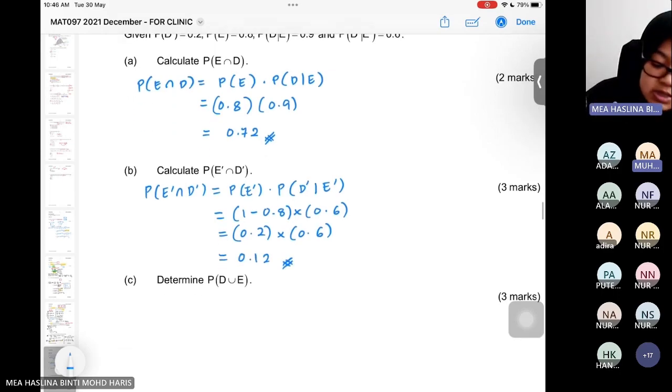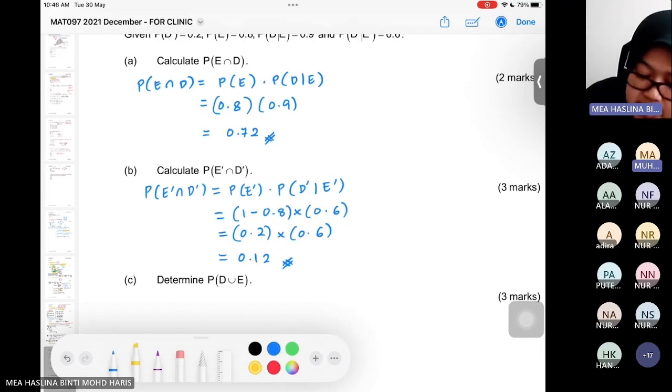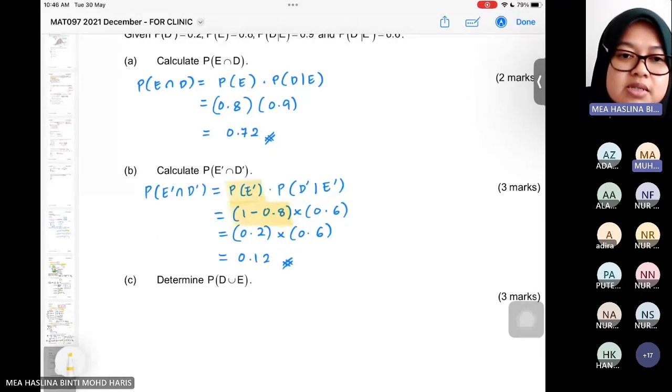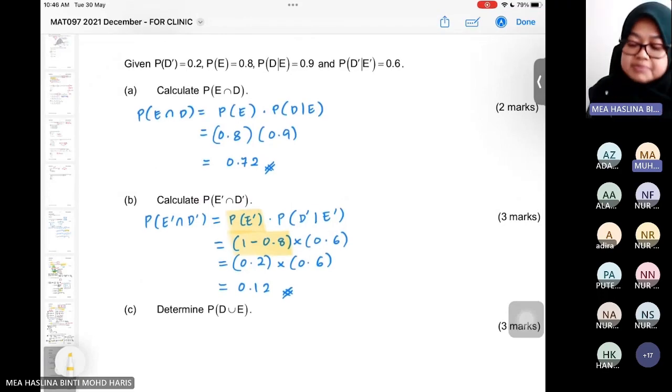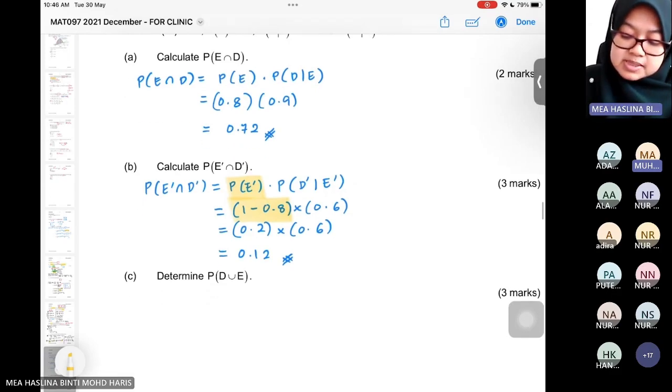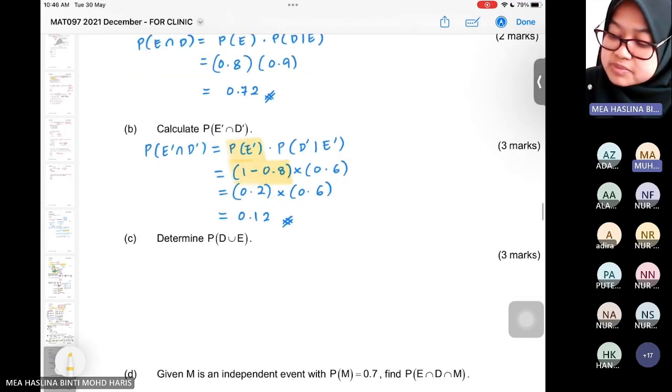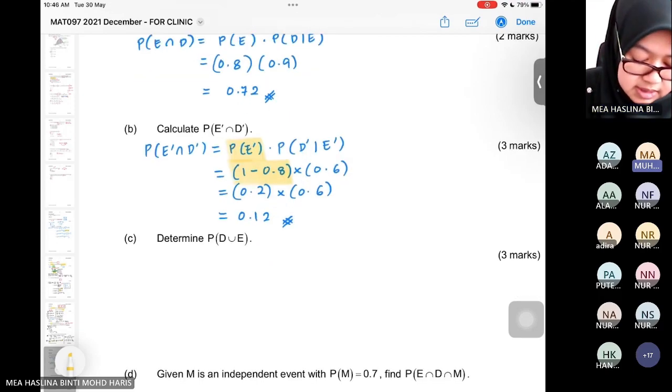So they're similar, just this part, because it is not given in the question, you have to identify the probability of the complementary of E.